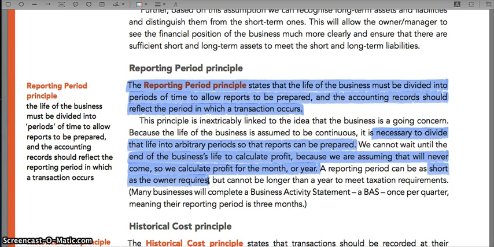For example, if you had a look at stock brokers, they may have reporting periods of days or even hours at times. But every year, the business has to produce reports, and that is basically a taxation requirement.